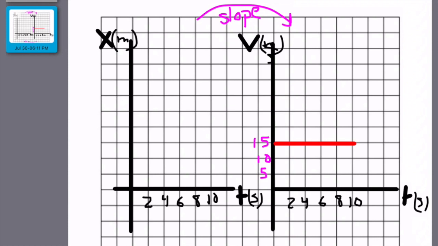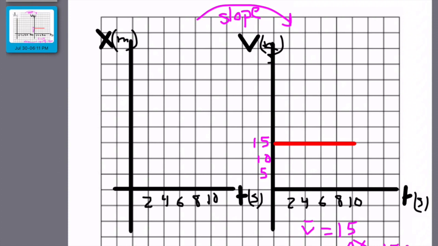So if you have an average velocity, and since this is constant, that is 15 meters per second, and we have a time of 10 seconds, we have 15 equals delta x over t. And the t is 10 seconds, so delta x just ends up being 150 meters.